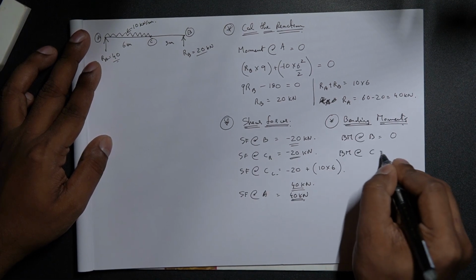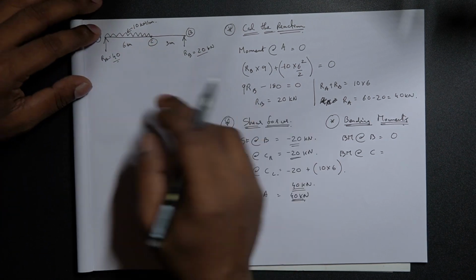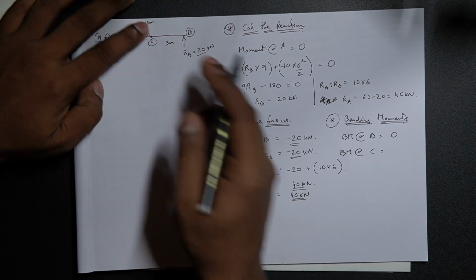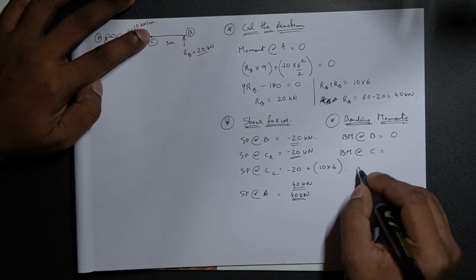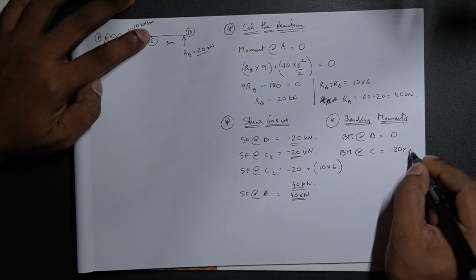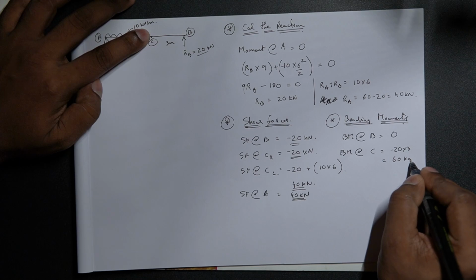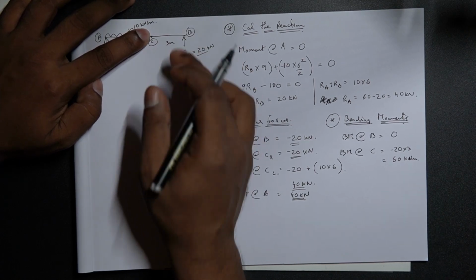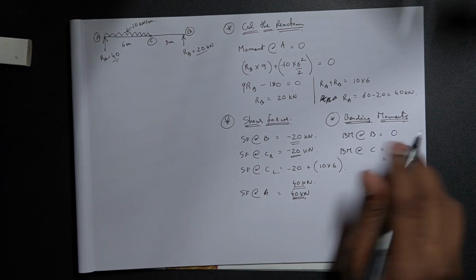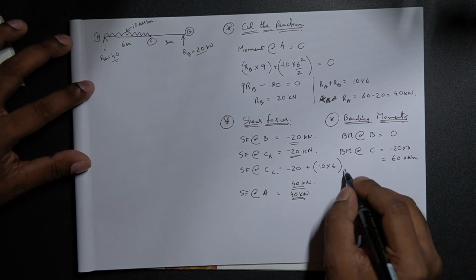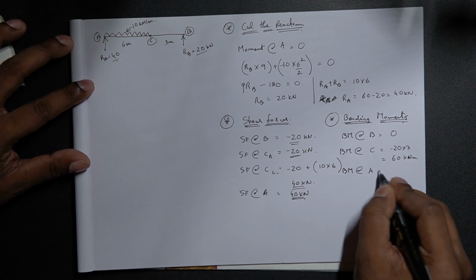Bending moment at point C, that is at this particular point, is 20 times the lever arm of 3 meters, so that is 60 kilonewton meter. Since it's creating a sagging action, it will remain positive. And bending moment at A, we know that it is at the support, so it would be equal to 0 anyway.